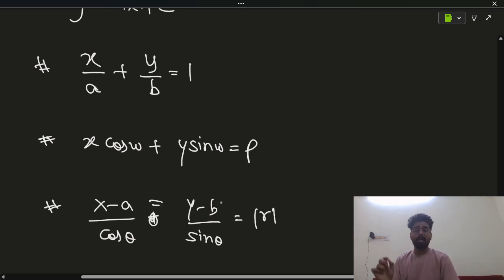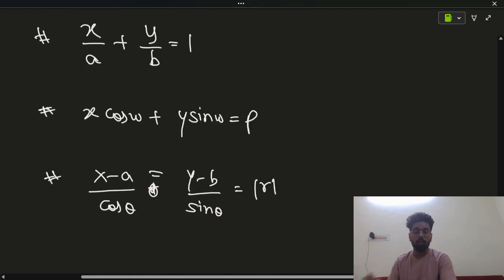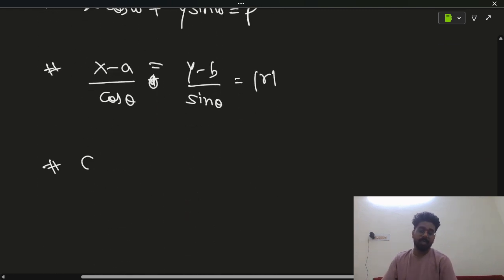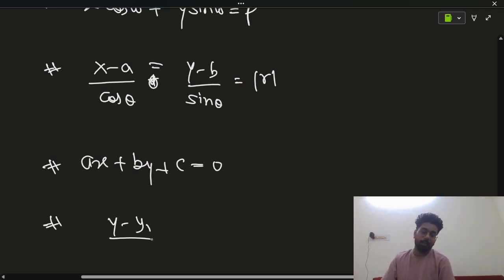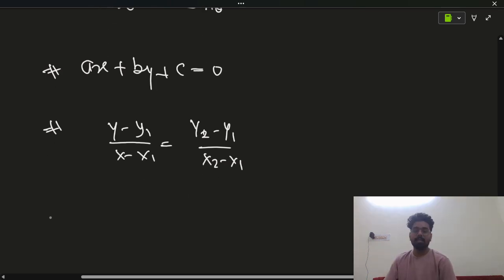This is your parametric form. So 1, 2, 3, 4. Fifth is ax plus by plus c, which is general form. And the sixth one is y minus y1 upon x minus x1 is equal to y2 minus y1 upon x2 minus x1. And the last form is y minus y1 upon x minus x1 is equal to m.